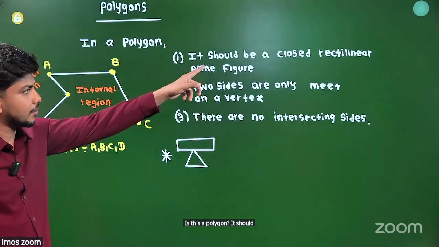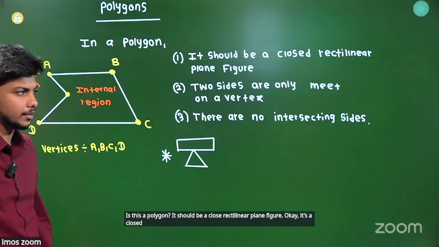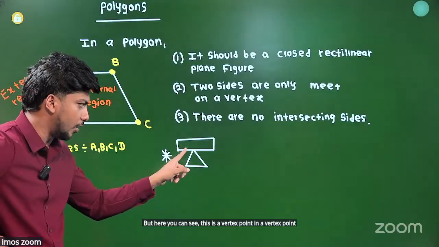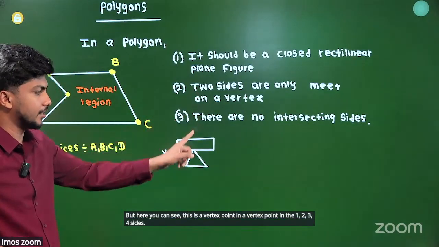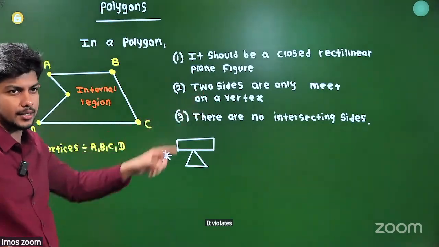It should be a closed rectilinear plane figure. Okay, it's a closed rectilinear plane figure. But here you can see this is a vertex point. At this vertex point, four sides meet, 1, 2, 3, 4. Not only two sides. Because of that it is not a polygon, because it violates the second condition.